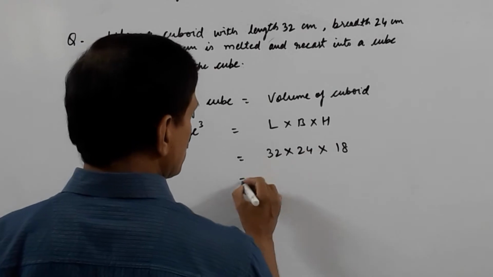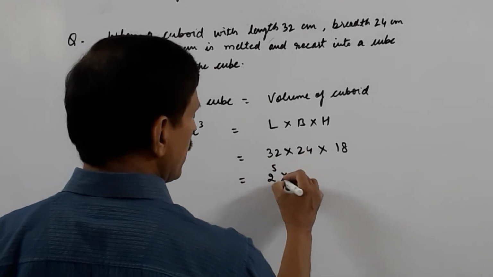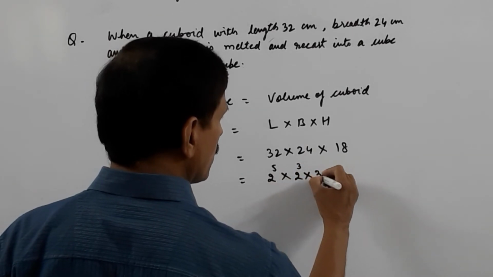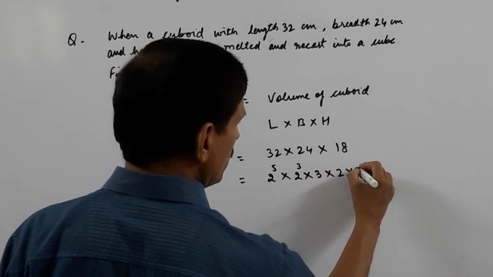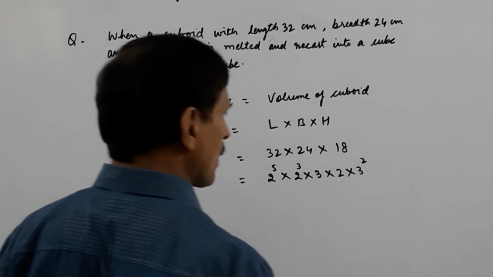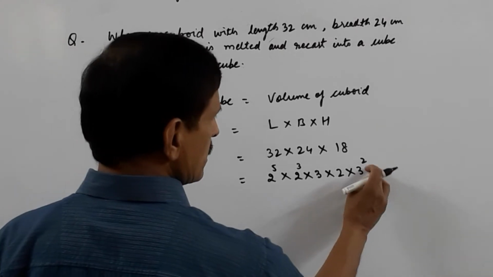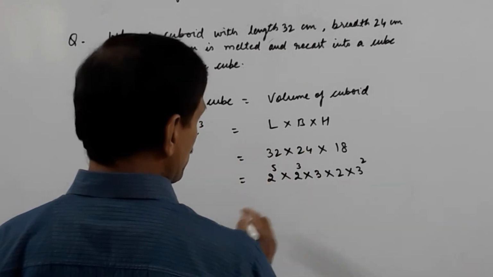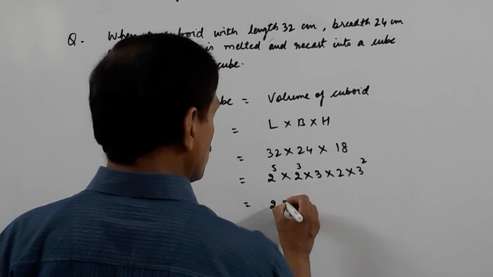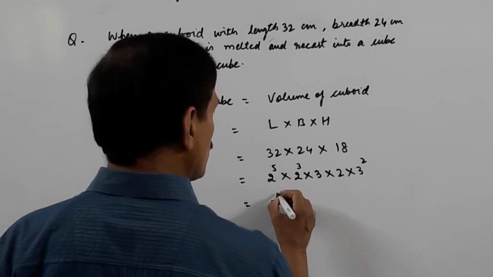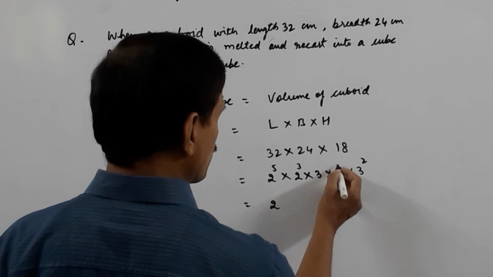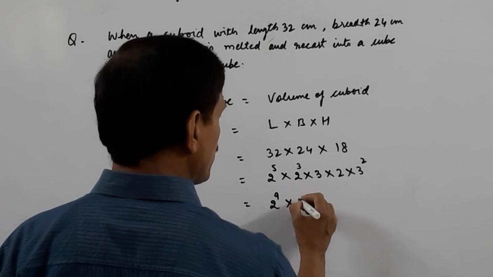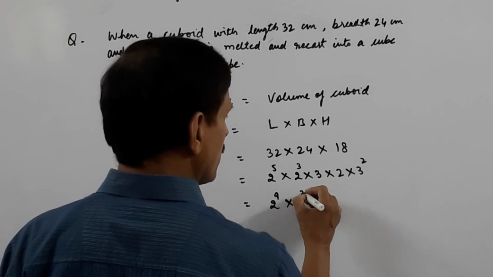We can prime factorize these. So this is 2 raised to power 5 into 2 cube into 3 into 2 into 3 square. That is 18, then 24, and 2 raised to 5, that is 32. That is 2 raised to power 5 plus 3 plus 1, that is 9, into 3 cube.